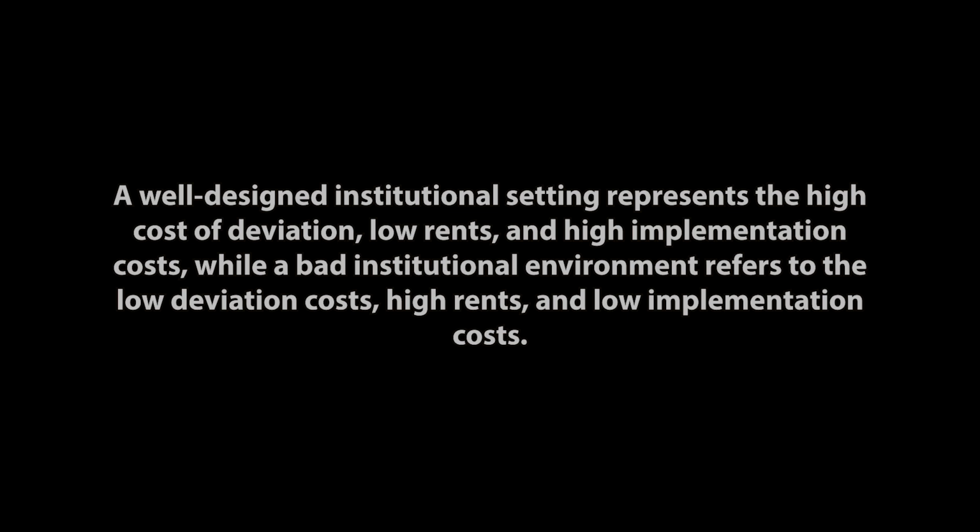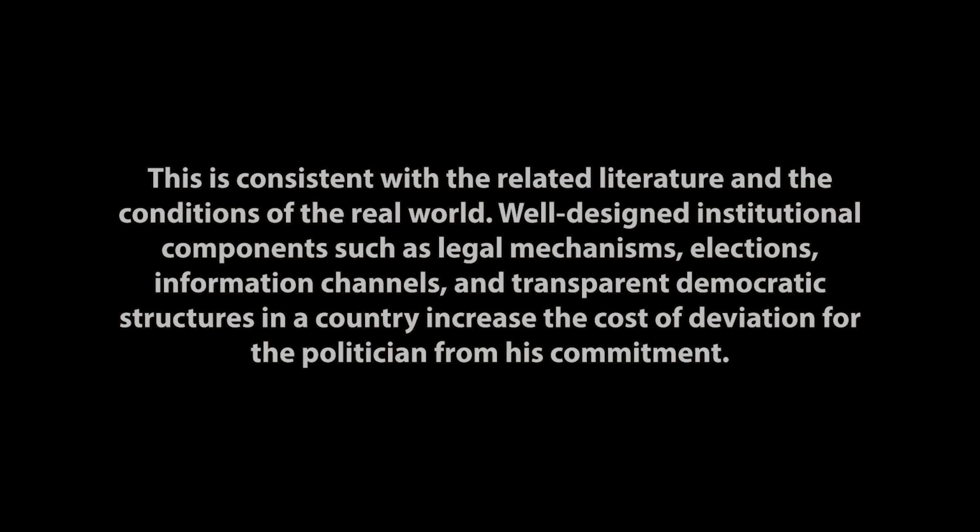A well-designed institutional setting represents a high cost of deviation, low rents, and high implementation costs, while a bad institutional environment refers to low deviation costs, high rents, and low implementation costs. This is consistent with the related literature and the conditions of the real world.